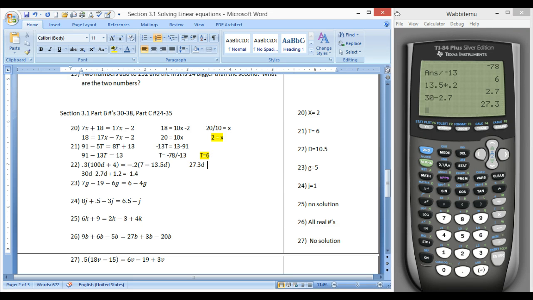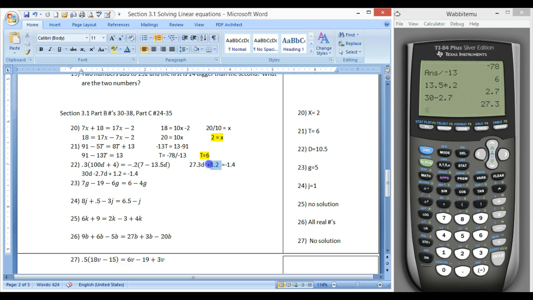Okay, so 27.3, good, check. But I still have this plus 1.2, and on the right hand side I still have the negative 1.4. So now that I've combined all of my terms with the variable on the left hand side, I need to combine all the terms without the variable to the right hand side.